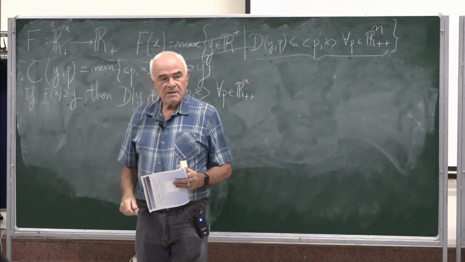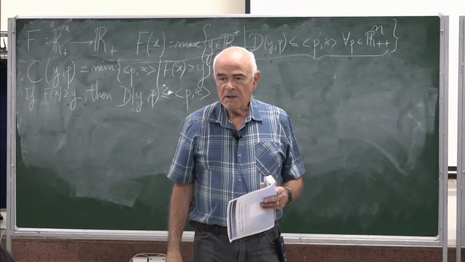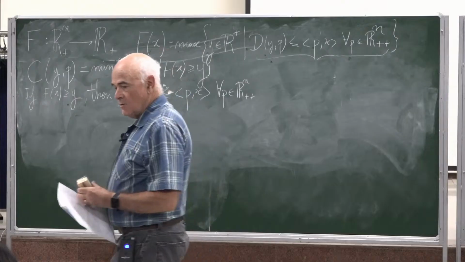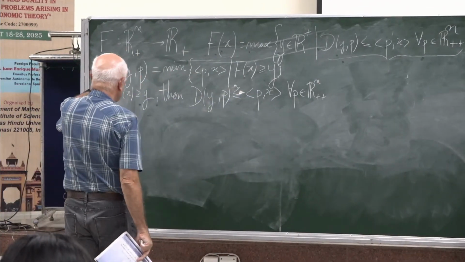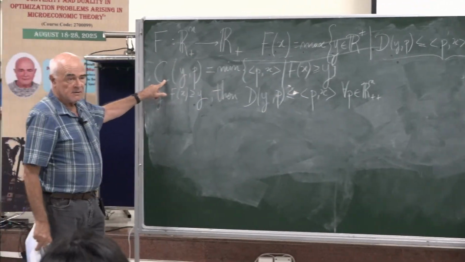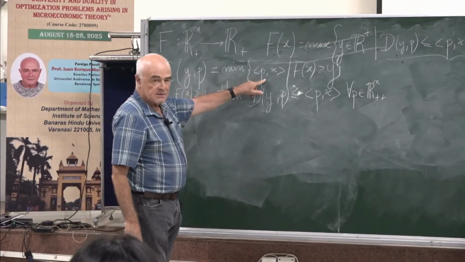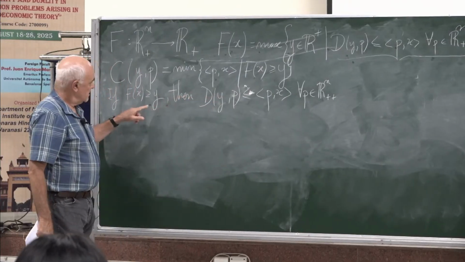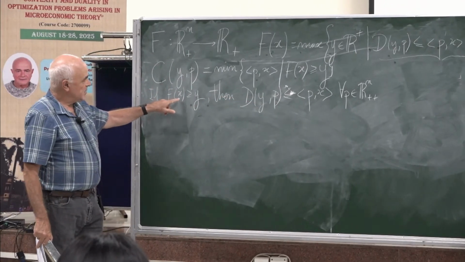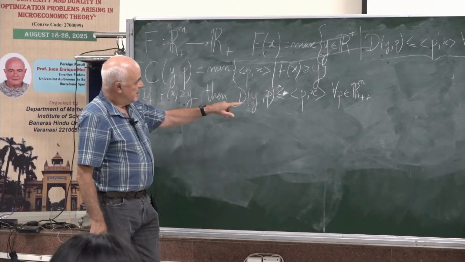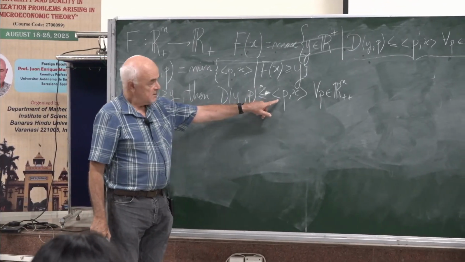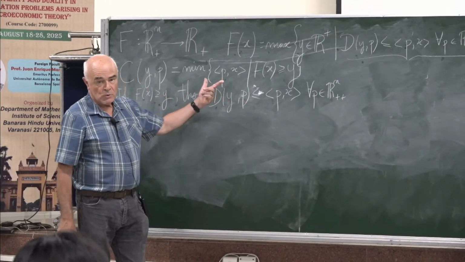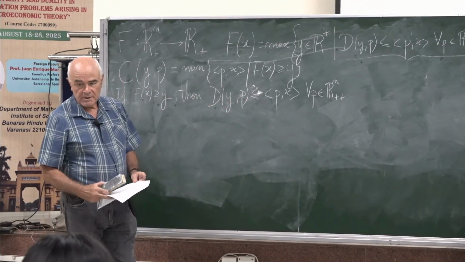And what does it say about the cost function c? C of yp. Look at the definition of c of yp. It is the minimum of px under this constraint. And we have just seen that every x satisfying this constraint has that for every p we have this inequality. So for the minimum over x, which is the cost, we will have this inequality.